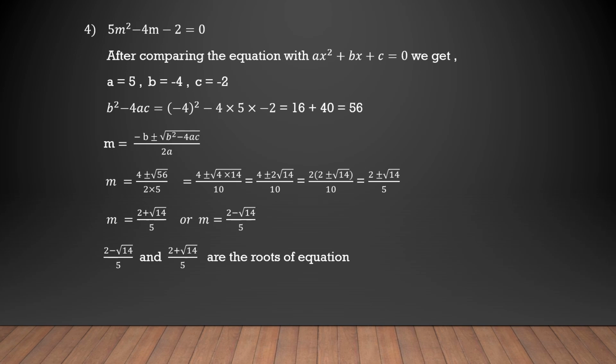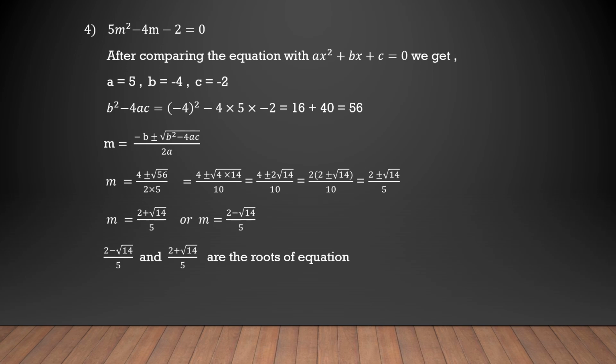So here we take 2 as common and write outside the bracket. So inside the bracket we write 2 ± √14, divided by 10. So 2 by 10 is 1 by 5. So we write (2 ± √14) / 5.